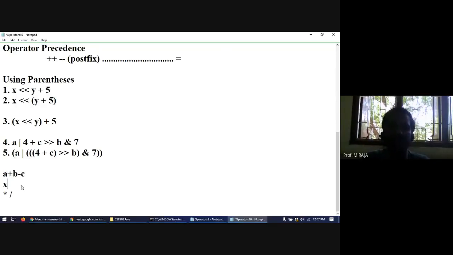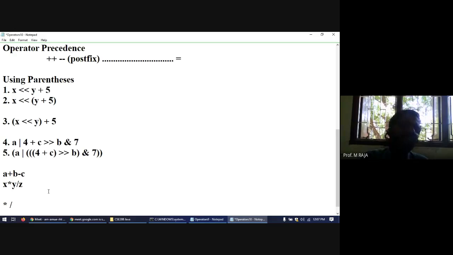Likewise, x star y division z. Division and multiplication take the same precedence. Both are the same. Left to right means star is evaluated first. Here plus is evaluated first.